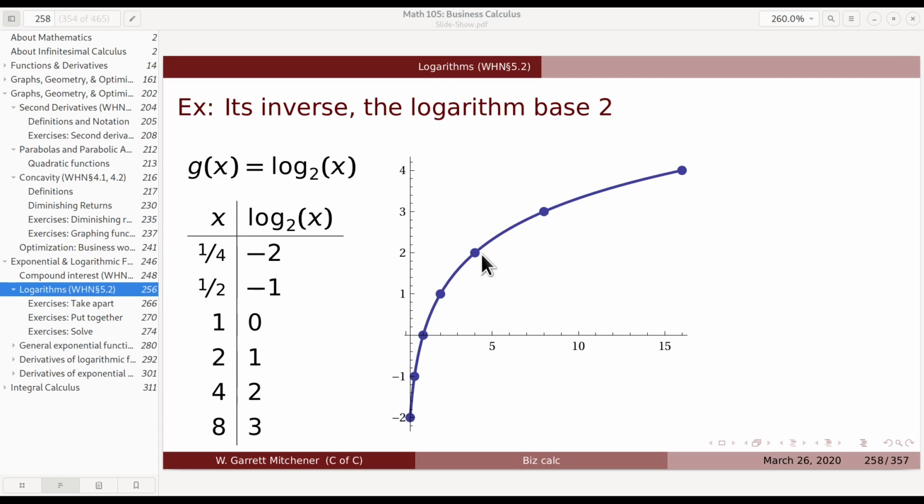So the deal with the logarithm is that if you take a number and multiply by 2, the logarithms of those numbers differ by 1. So in other words, if I start with 4 and double it to 8, that's multiplication by 2. The corresponding values of y here are 2 and 3. That's addition of 1.